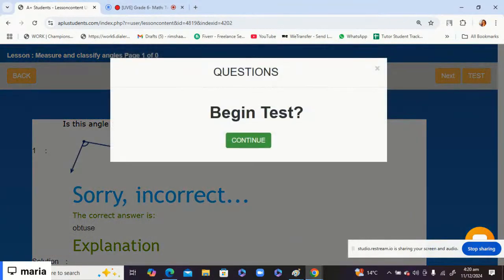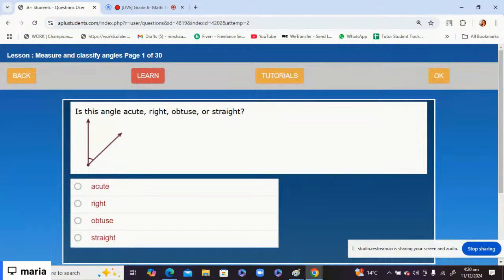Let's do the test questions. Now you guys tell me the answers of all these. So this angle is acute, right angle, obtuse, or straight? I also give you the hint, it's not a straight and it's not a right, because a right angle is two perpendicular lines, and the straight angle is only one straight line. So it may be acute or obtuse. Check if it's less than 90 or greater than 90.